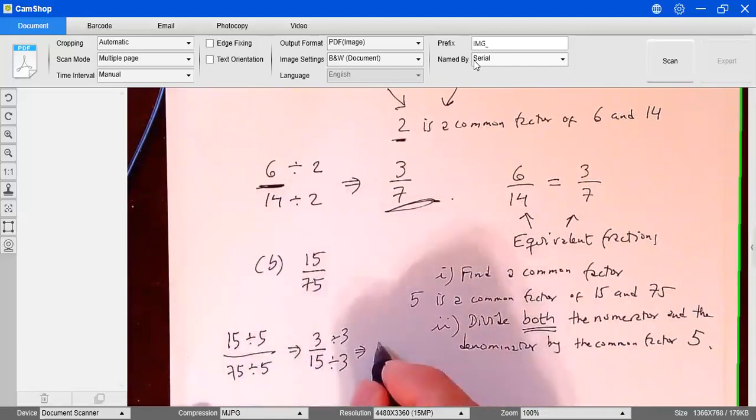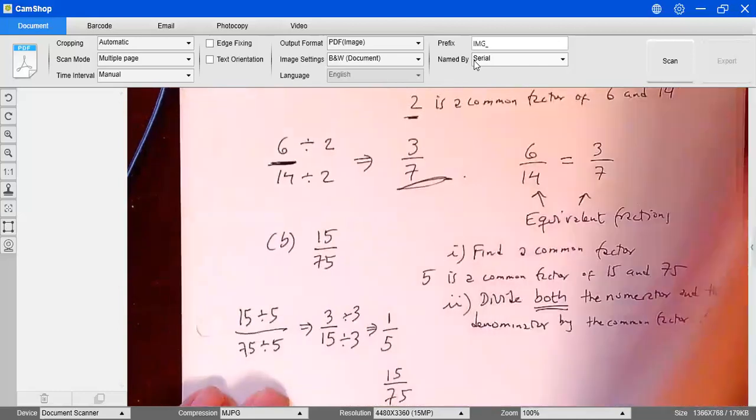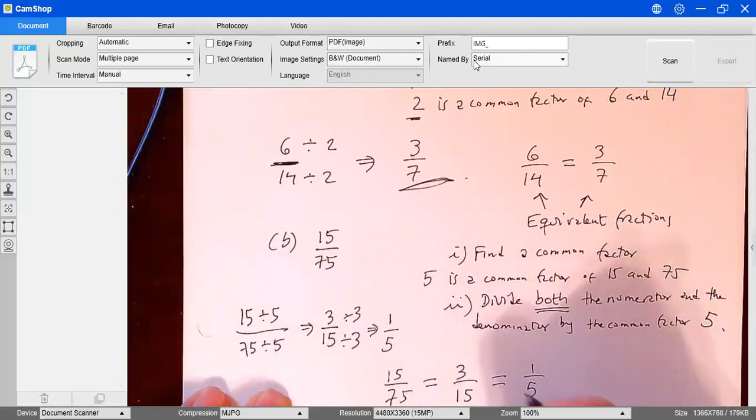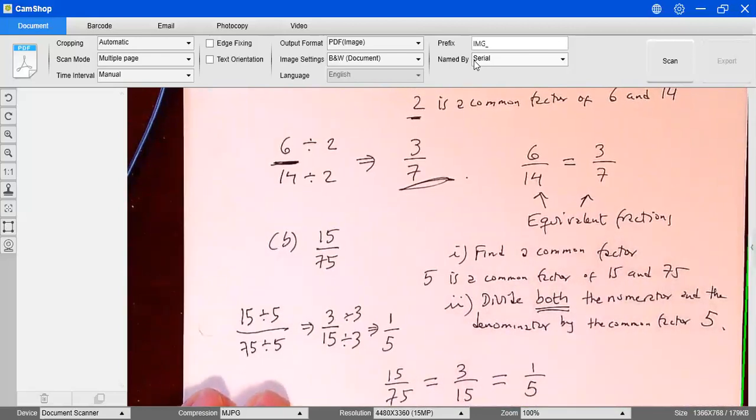So at the end, you're gonna get 1/5. So 15 over 75 is equivalent to 3 over 15, and is equivalent to 1/5. And what is the fraction with the lowest terms? This is the fraction with the lowest terms.